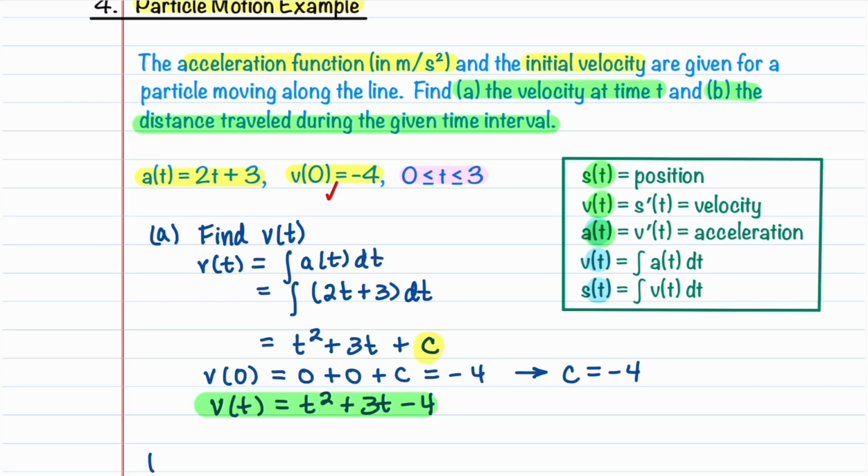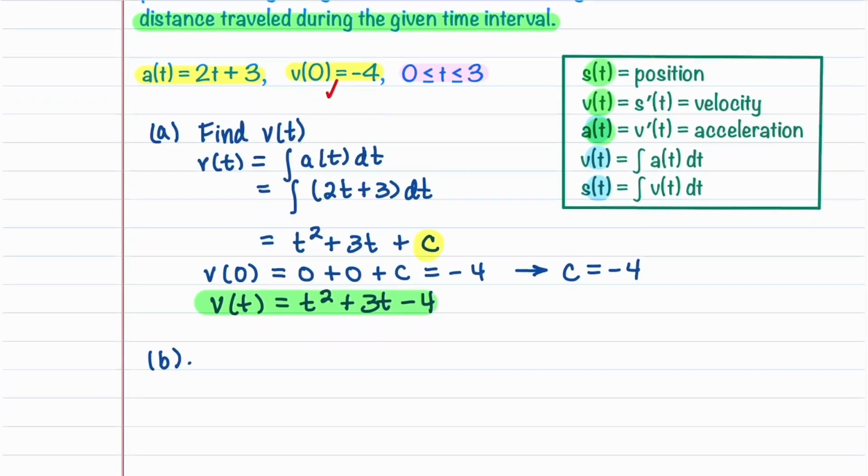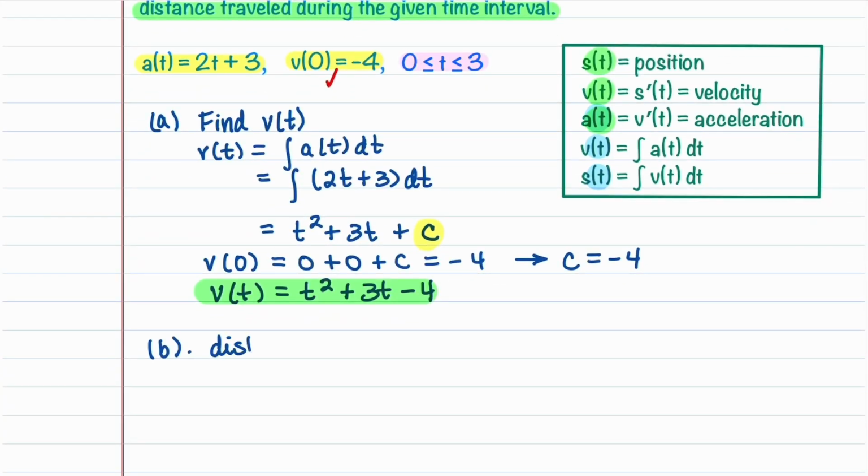Now let's look at part B. We want to find the distance traveled during the given time interval. Our distance traveled is typically noted by s, so the distance traveled is going to be s at 3 minus s at 0.